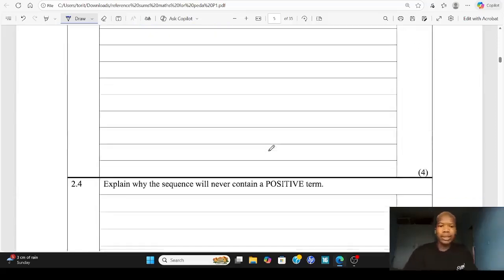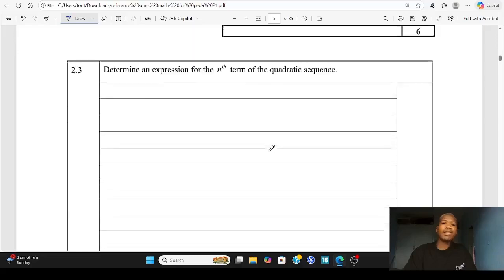Now it says determine an expression for the nth term of the quadratic sequence. The quadratic sequence was minus 3, minus 2, minus 3, minus 6, minus 11.